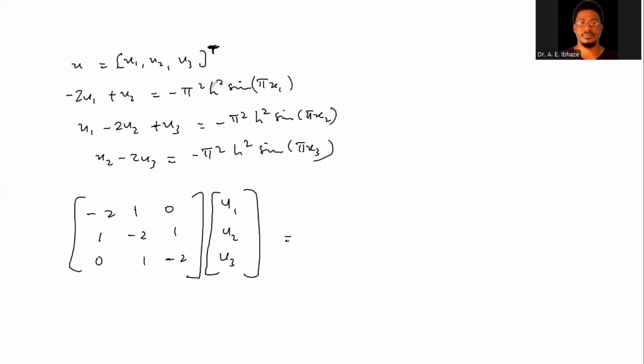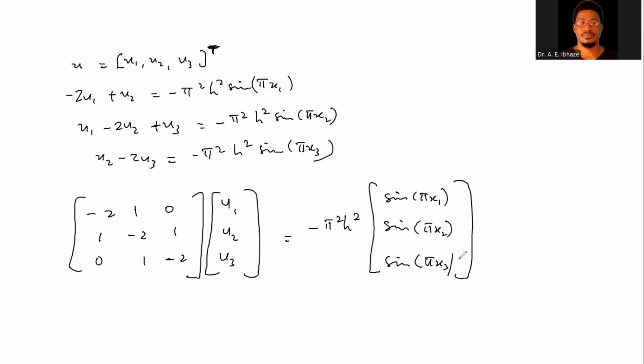Now, negative pi squared h squared is common, so we can say negative pi squared h squared multiplying through sine pi x1, sine pi x2 and sine pi x3. So this system of equations could be solved, and then we get the solution accordingly.